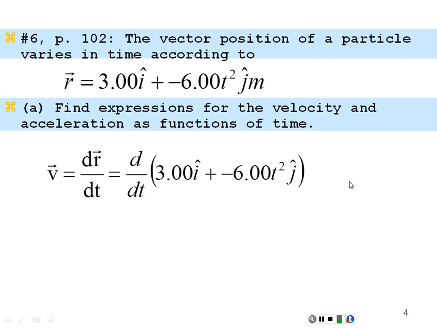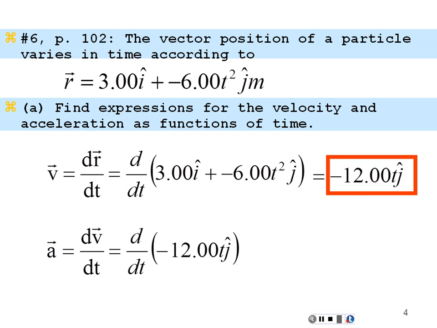So if I were to take the derivative of this vector, it's a derivative of what's in front of the i's and j's and k's. And the derivative of 3 is 0. The derivative of negative 6t squared, decrement the t squared, gives me a negative 12t j. So my velocity for all times is a negative 12t in the j direction.